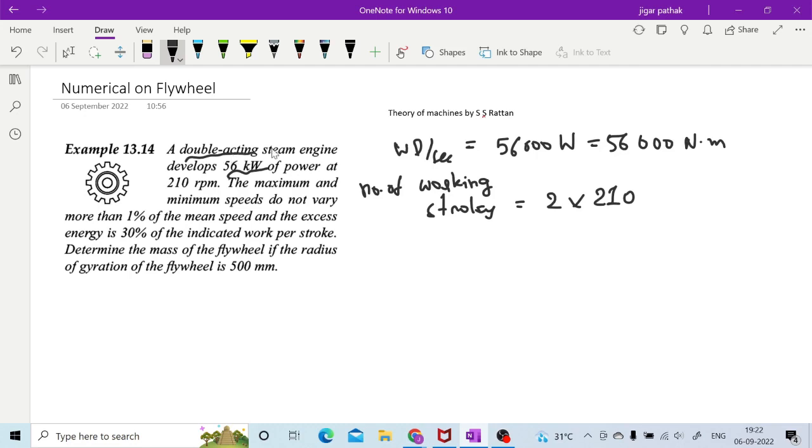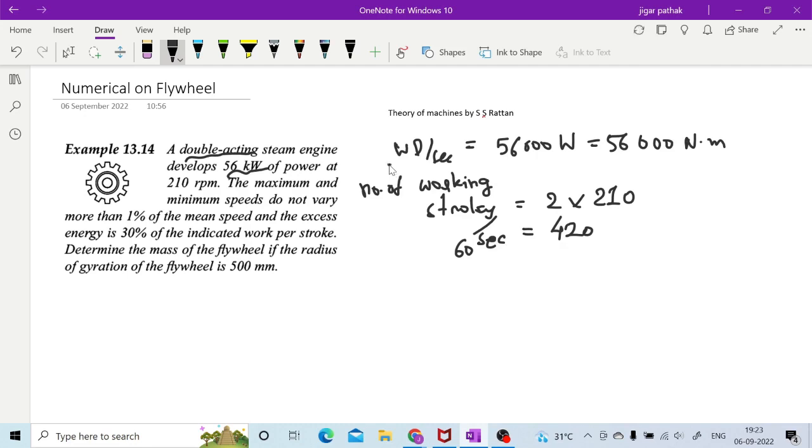So the number of strokes will be 420, right? Now that is per minute, since it is actually rpm. So if you divide it by 60, then it will be per second.